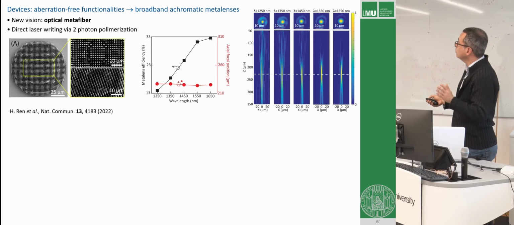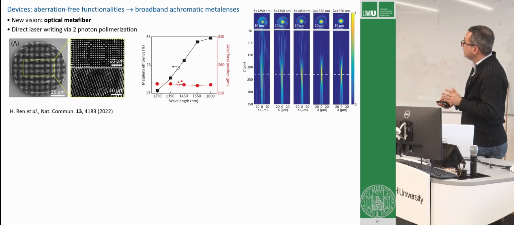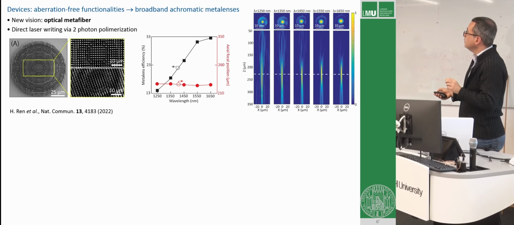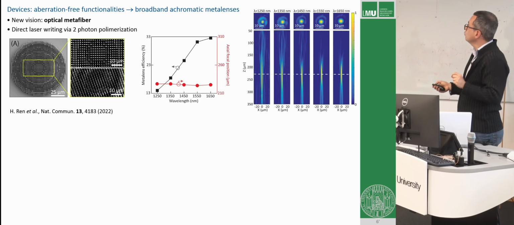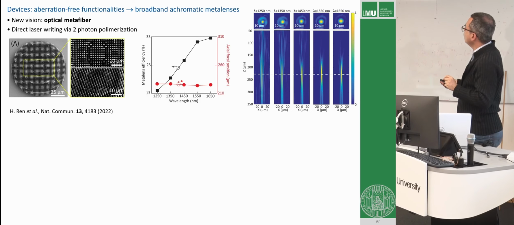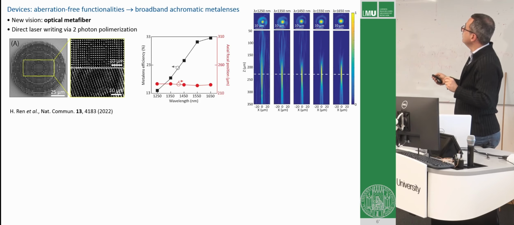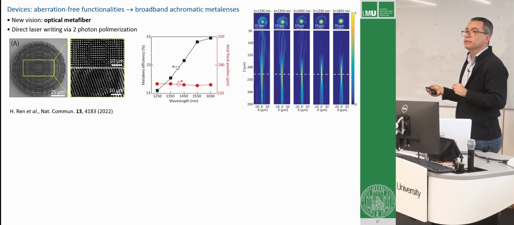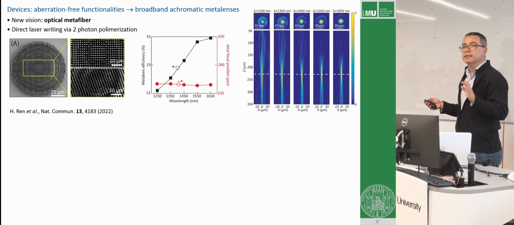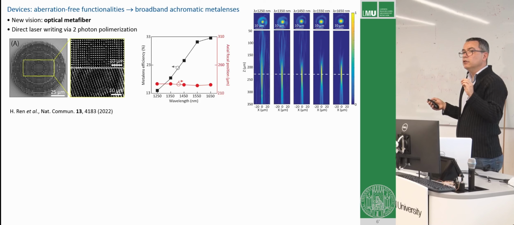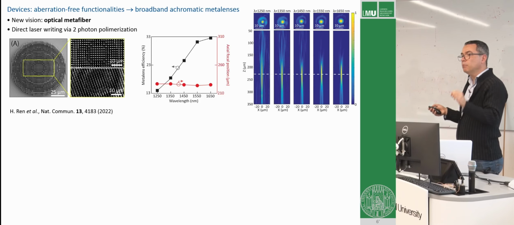In this case, the metasurface was designed to present a focal distance which is invariant within 400 nanometers in the near infrared. As far as I know, the normal achromat bulky lenses that we have in the labs don't perform as well as this kind of metasurface.